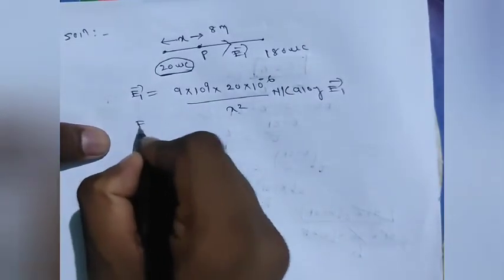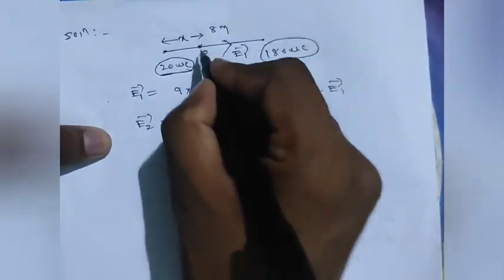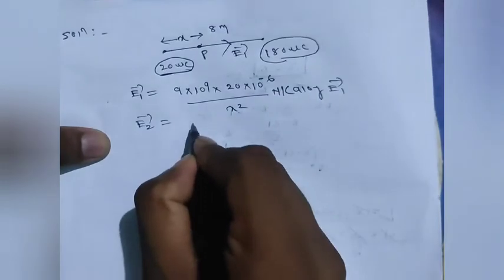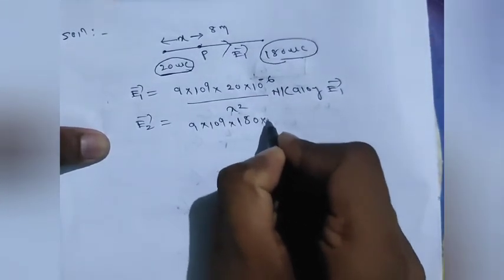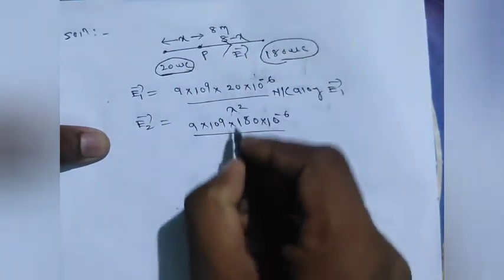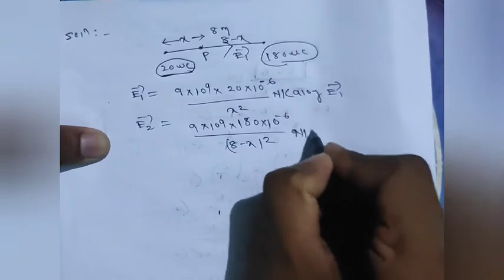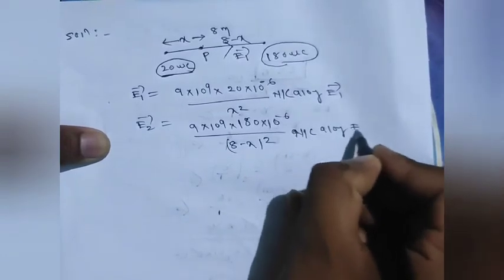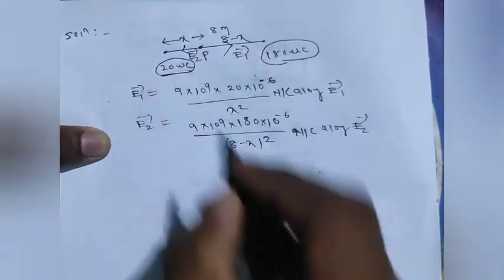And now I shall find E2, that is the electric field due to this 180 microcoulomb at point P. So it will be 9 into 10 to the power 9, and charge is 180 into 10 to the power minus 6 coulomb, and distance is now, see, total is 8 meter and this is x. So it will be simply 8 minus x, means (8 minus x) whole square, Newton per coulomb along E2. So it will be directed along this direction.